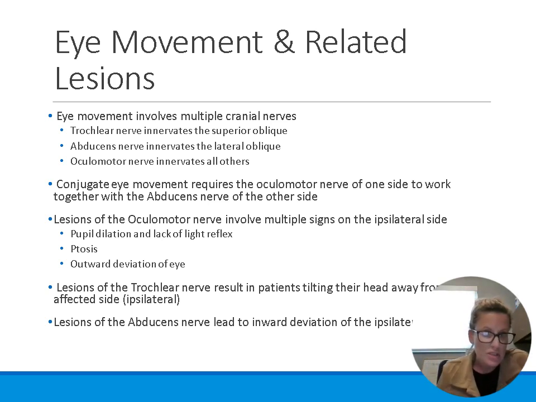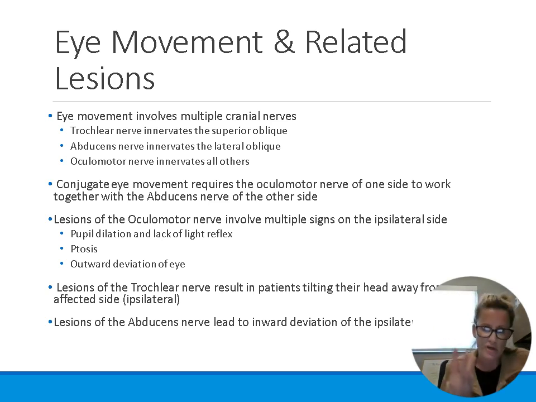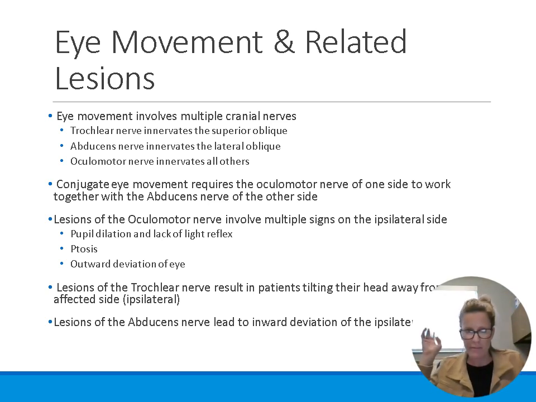The abducens nerve, which is cranial nerve 6, innervates the lateral rectus. The oculomotor nerve is really involved with eye movements, hence it's called oculomotor, like movement of the eye. So cranial nerve 3, oculomotor nerve, innervates all of the other muscles of the eye. So cranial nerves 3, 4, and 6 are all involved in eye movement, okay?